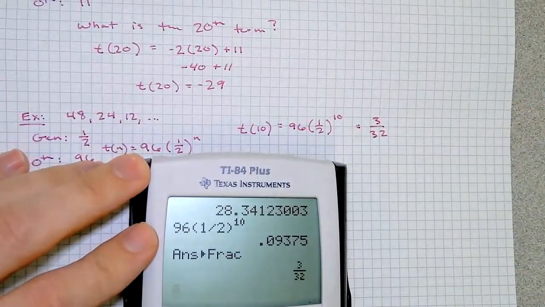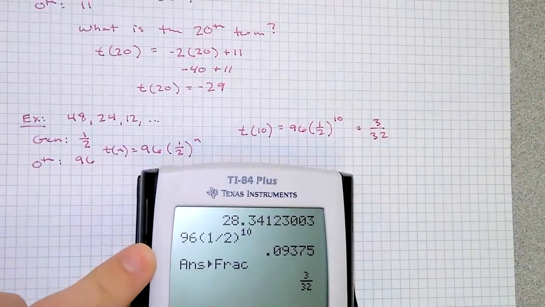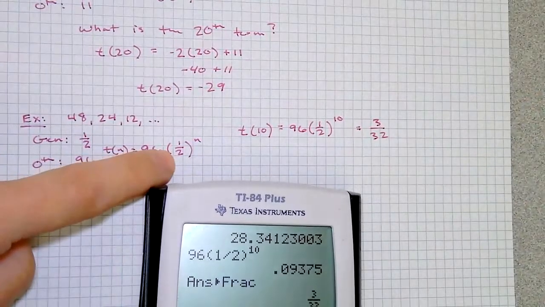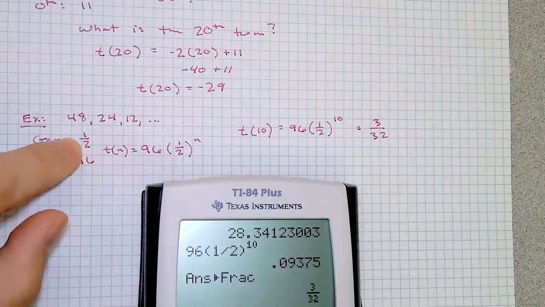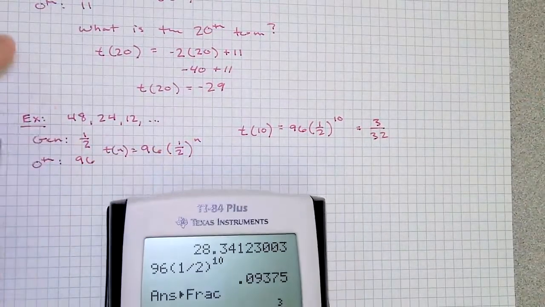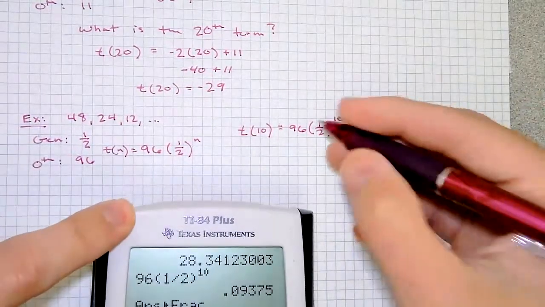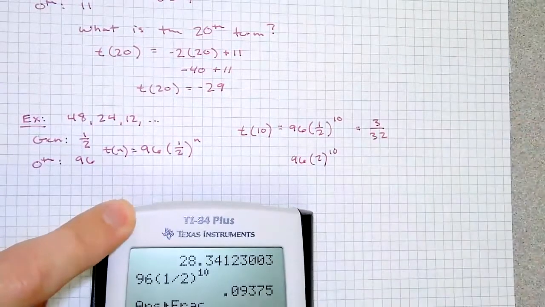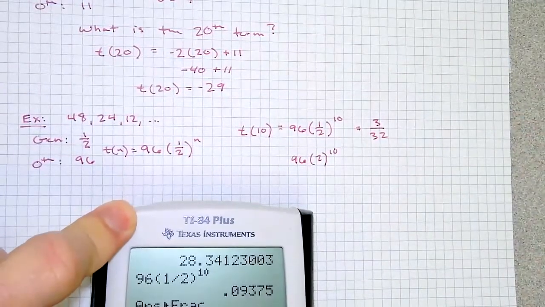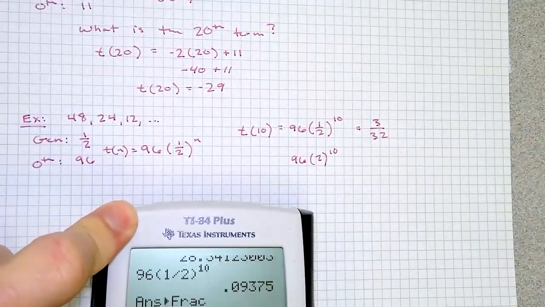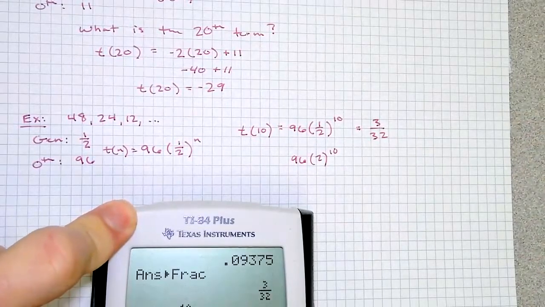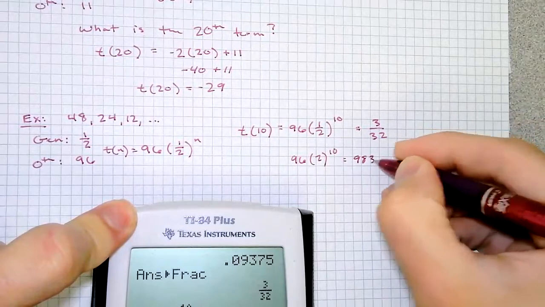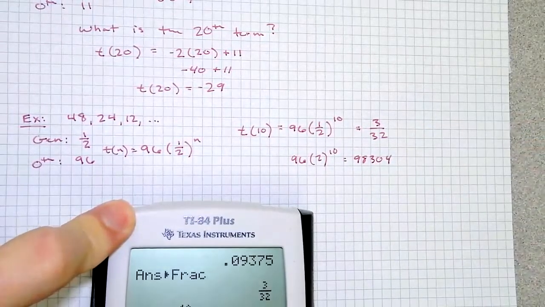0.093775. Okay. So that's why it's important to identify 1/2 as our generator as opposed to dividing by 2. If you plugged in 2 as your generator and tried doing that, we'd get 98,304.